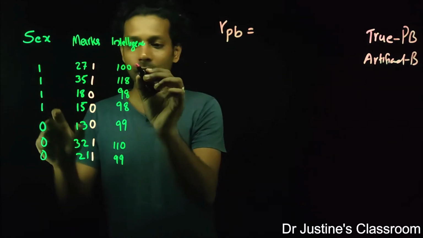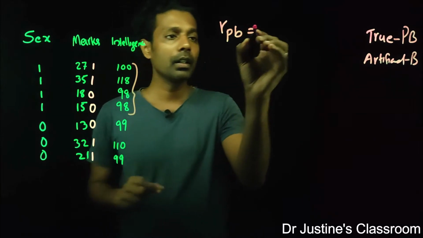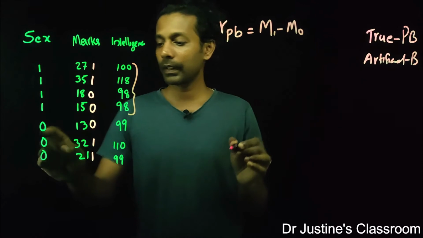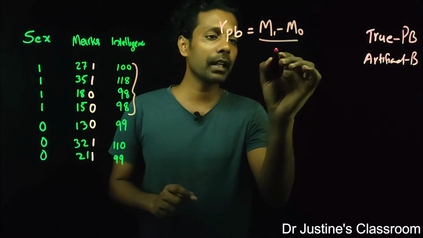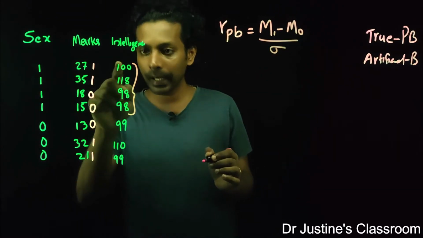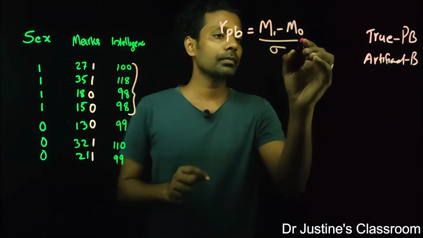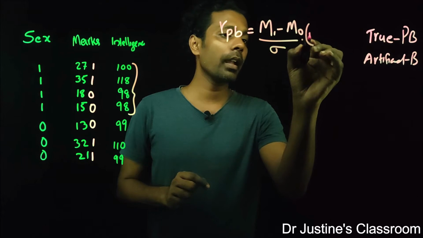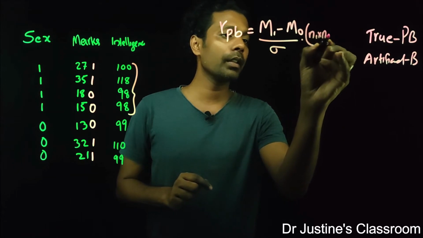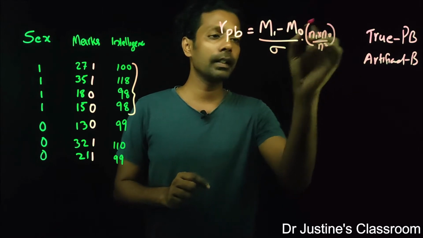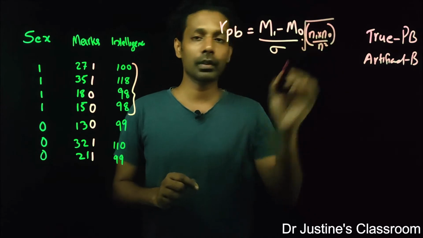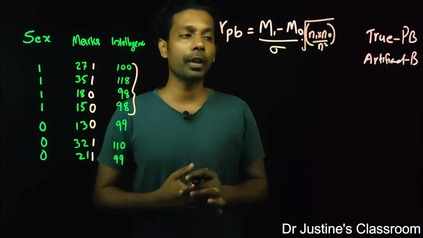First group mean minus second group mean, where this is the second group mean, divided by the standard deviation of the entire data, times the square root of n1 times n0 divided by n squared. So this is the equation of a point biserial correlation.